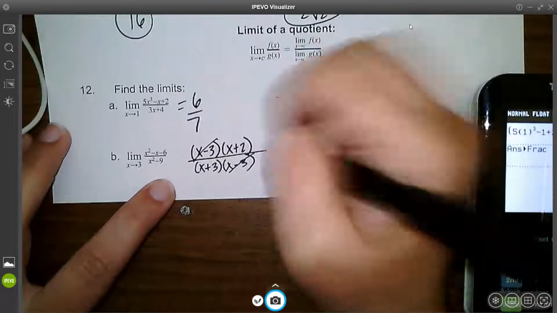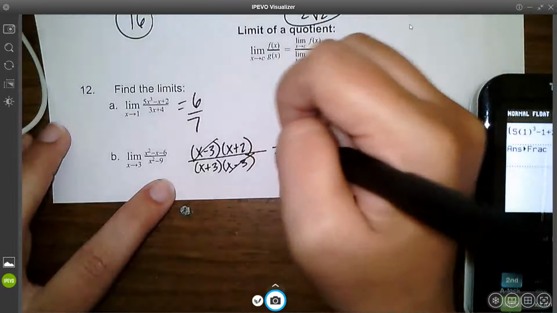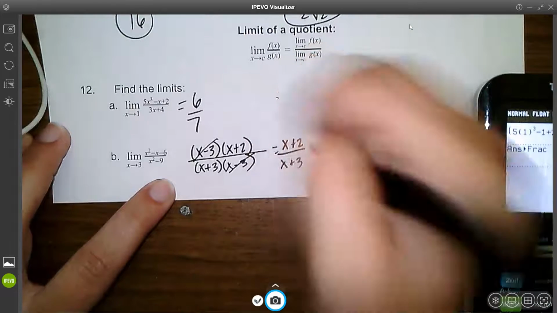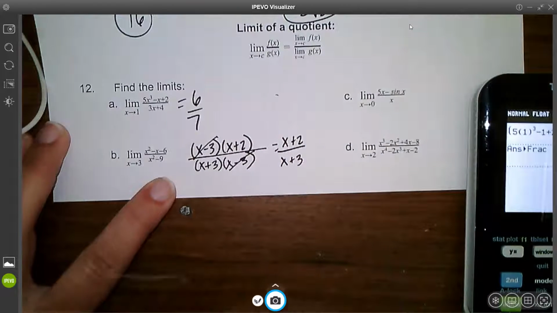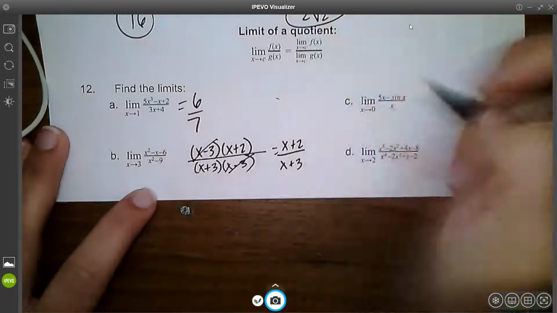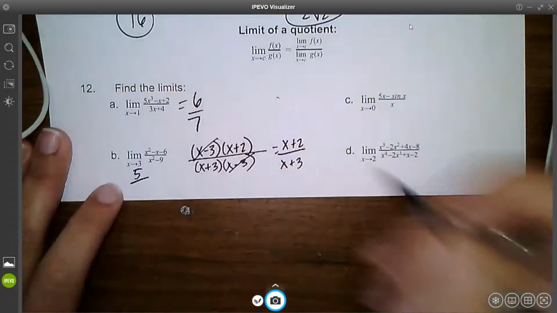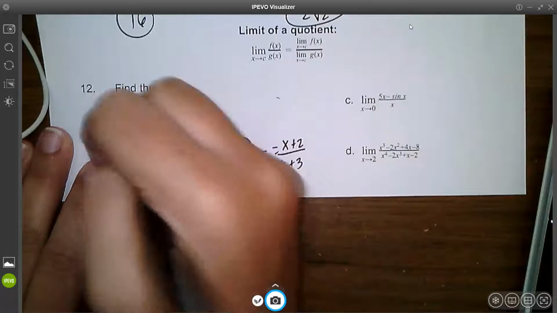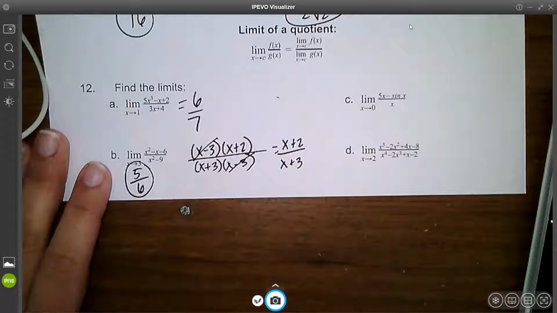Those x minus 3's cancel. So now I can plug 3 into this equation to get my limit. Remember, your function still does not exist there, but this is what it's going to be heading towards. So 3 plus 2 is 5. 3 plus 3 is 6. So if you look at it in a table, it will head towards 5/6.